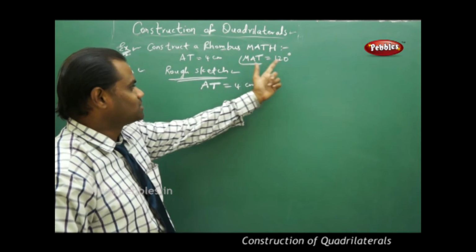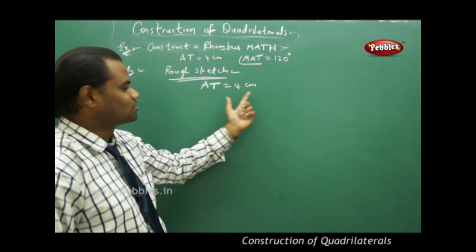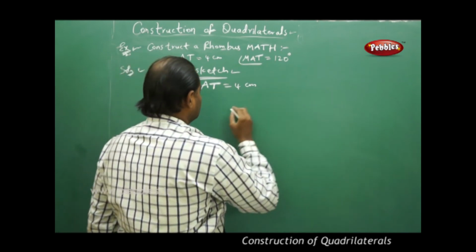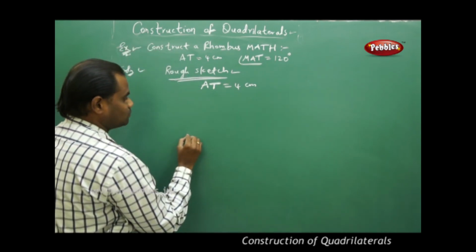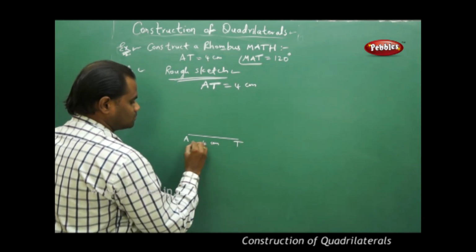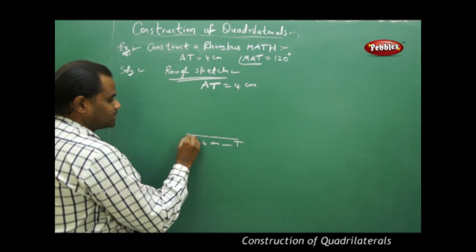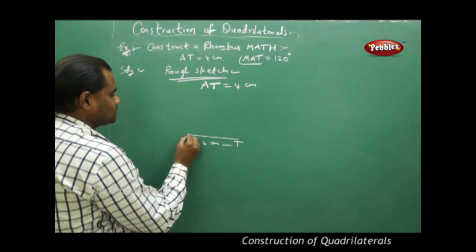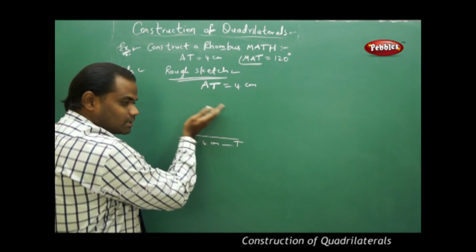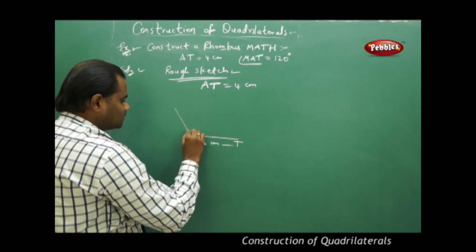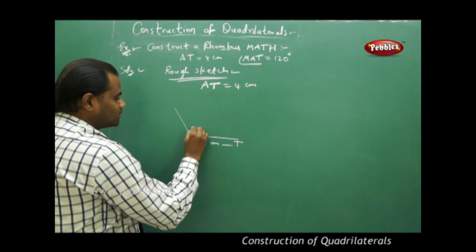Because my angle A is 120 degrees and my side is 4 centimeters, directly I can construct using the base as 4 centimeters. And then I take the protractor, put it at point A, then I construct using 120 degrees. From T, I start with the protractor, then the angle is an obtuse angle because 120 is more than 90.